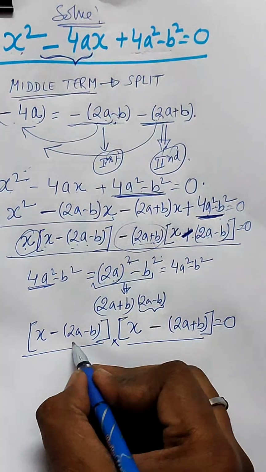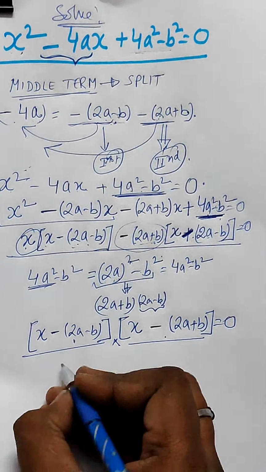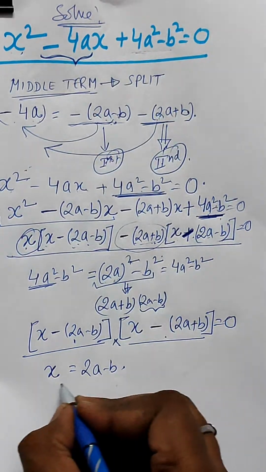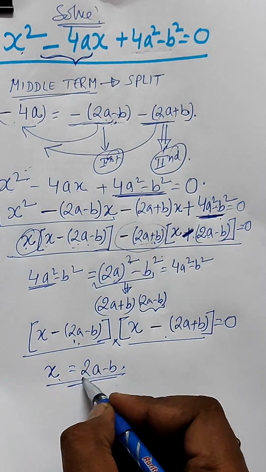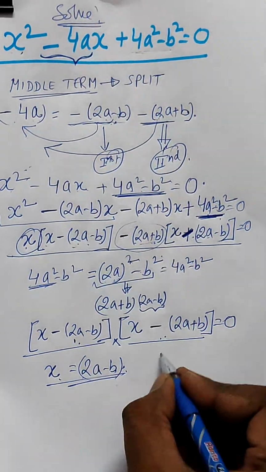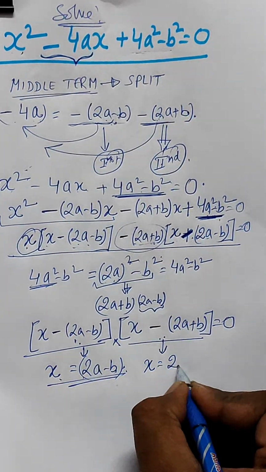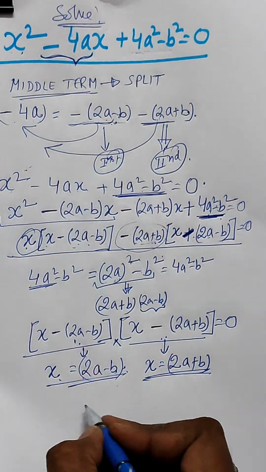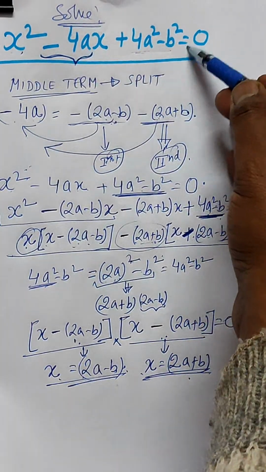So this is a product of two brackets. We can equate the first bracket to 0 and the second bracket to 0. From here we get x as 2a minus b, if this is equated to 0. And if this is equated to 0, we get x as 2a plus b. So 2a minus b and 2a plus b are the two roots of this given quadratic equation.